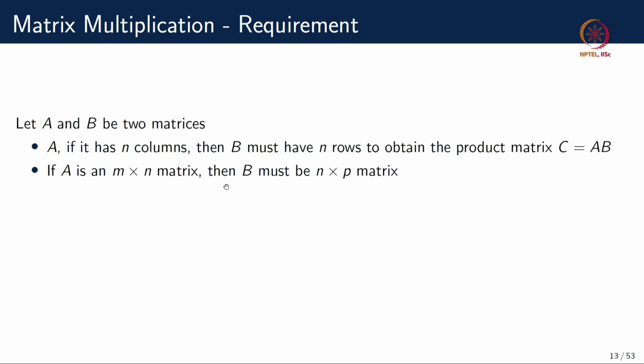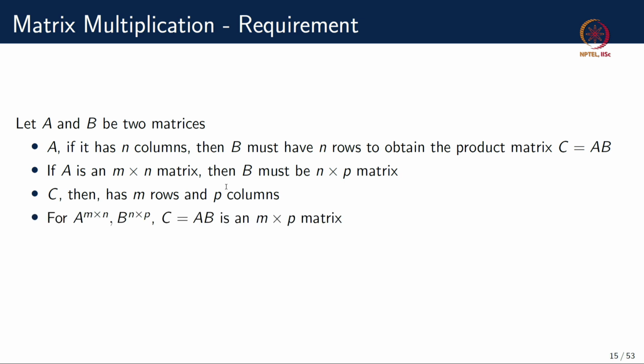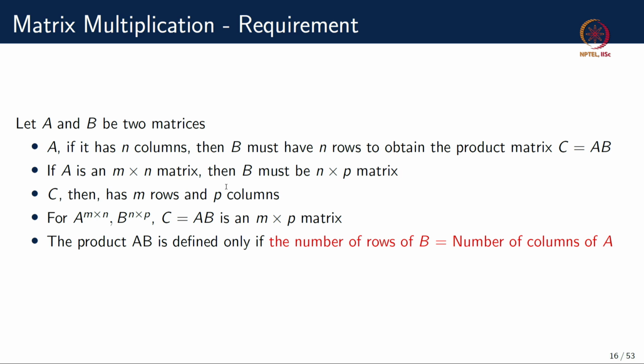For A m by n and B n by p, finally C, which is AB, will be an m by p matrix. Thus, the product AB is defined only if the number of rows of B is equal to the number of columns of A.